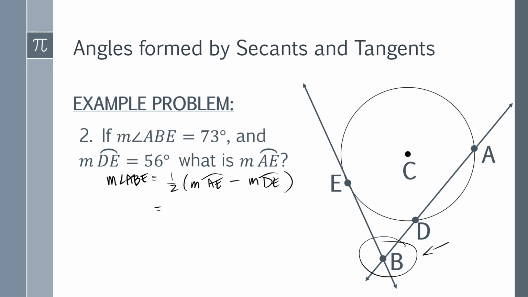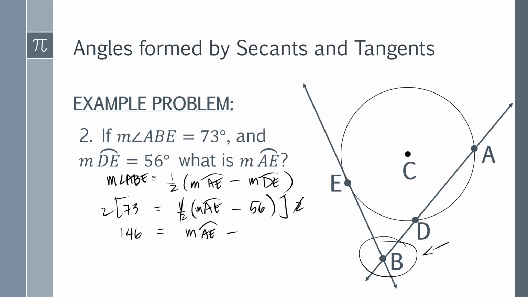So therefore, we have the measure of angle ABE, which is 73, equals 1 half. We don't know the measure of arc AE, but we have the measure of arc DE, 56 degrees. Since there is again 1 half, you have to multiply both sides by 2 to get rid of the 1 half. So 73 times 2 is 146, equals the measure of major arc AE minus 56.